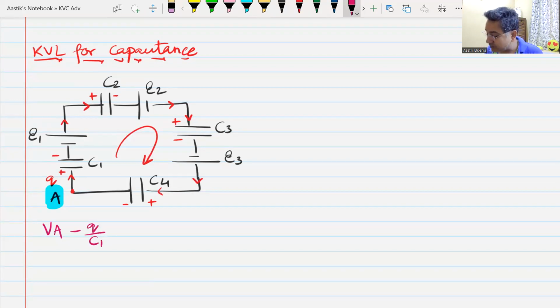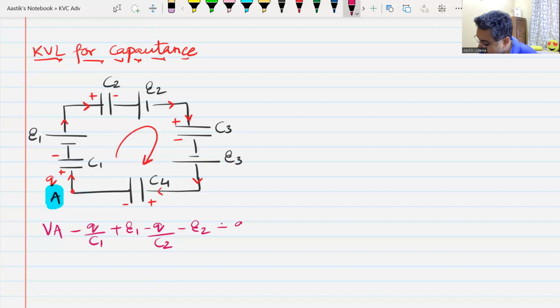Then I will move across the battery. Positive or negative? Positive, sir. Plus E1. Then I will move across the capacitor. Positive or negative? Negative, sir. Then I will move across the battery. Positive or negative? Negative, sir. Negative E2. Then I will move across the capacitor.